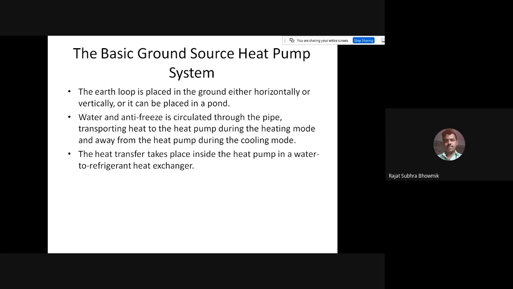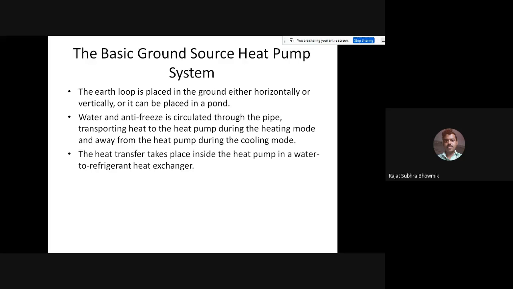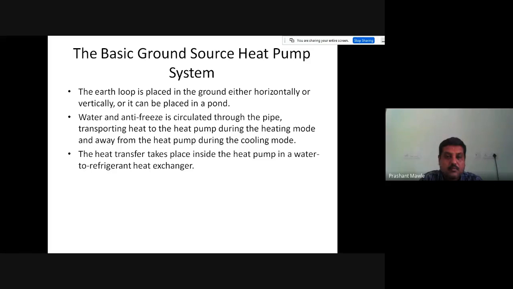The basic ground source heat pump is that the earth loop is placed inside the ground, whether horizontal or vertical, or it can also be placed in a pond. Whatever is possibly available in your area can be used.